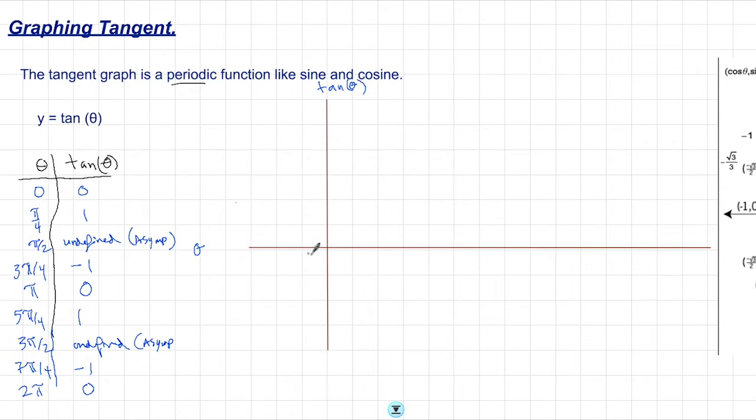And so our x-axis looks like we're going to start at 0, and then we'll go to pi over 4, and then pi over 2, 3 pi over 4, pi, 5 pi over 4, 3 pi over 2, and finally 2 pi.